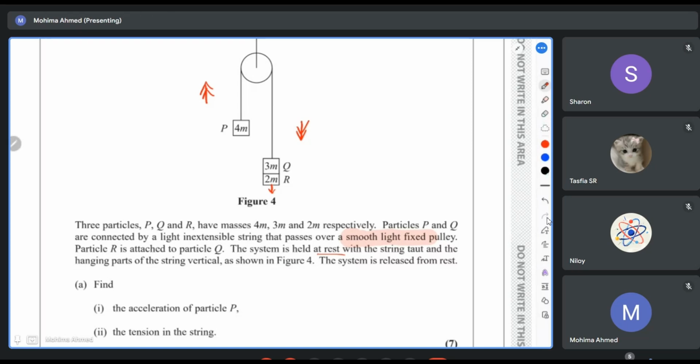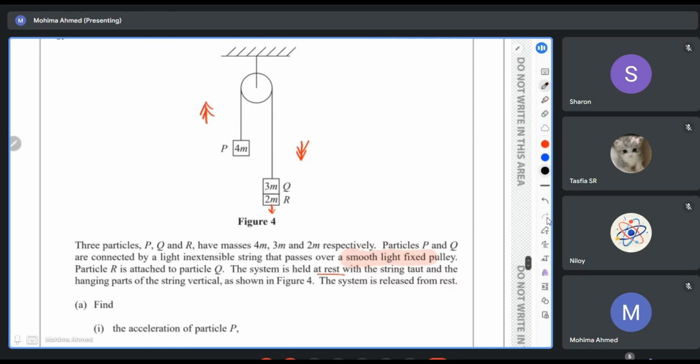For example, if I have to draw the force distribution, I'm going to consider QR as a whole, which is 5m, where m is mass. So 5mg in the downward direction, and tension in the upward direction.